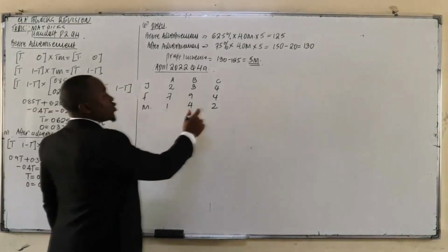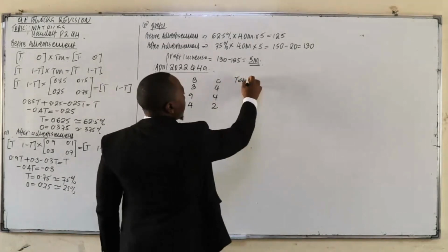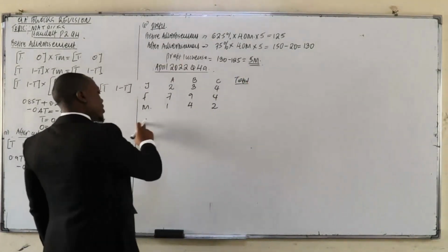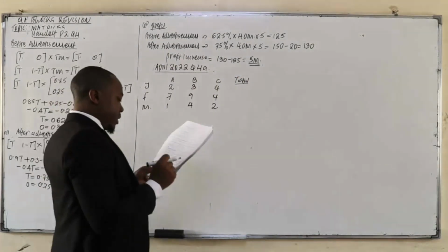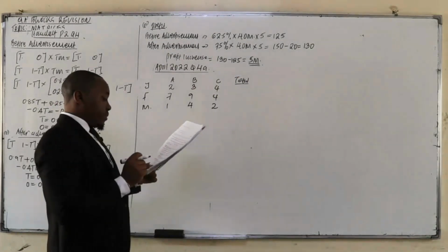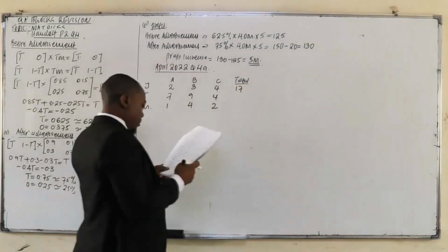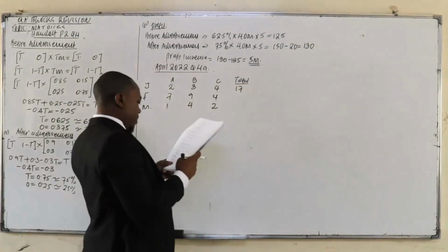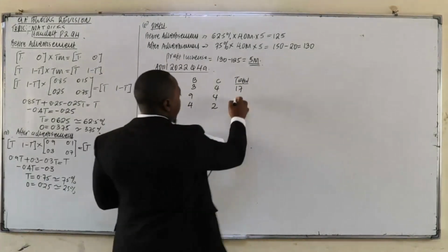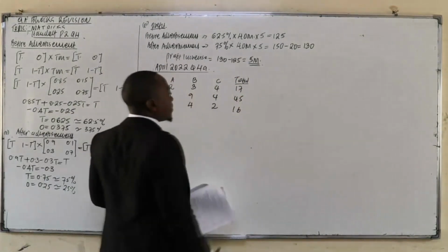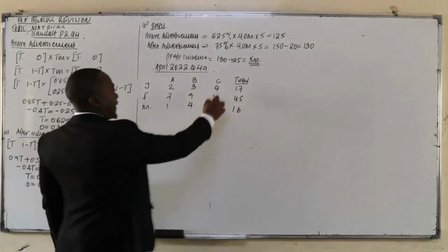So that means the total will be here. You're told that the total profit for the months of January, February, and March was 17 million, 45 million and 16 million respectively.